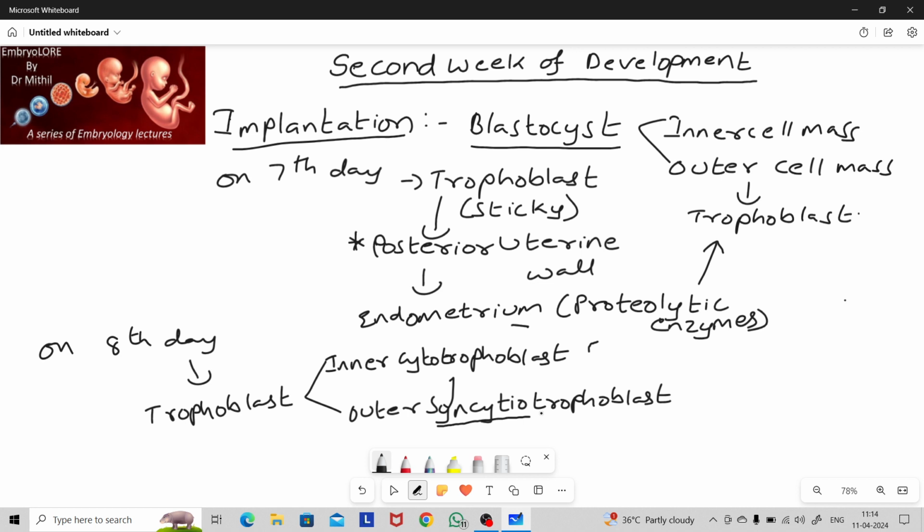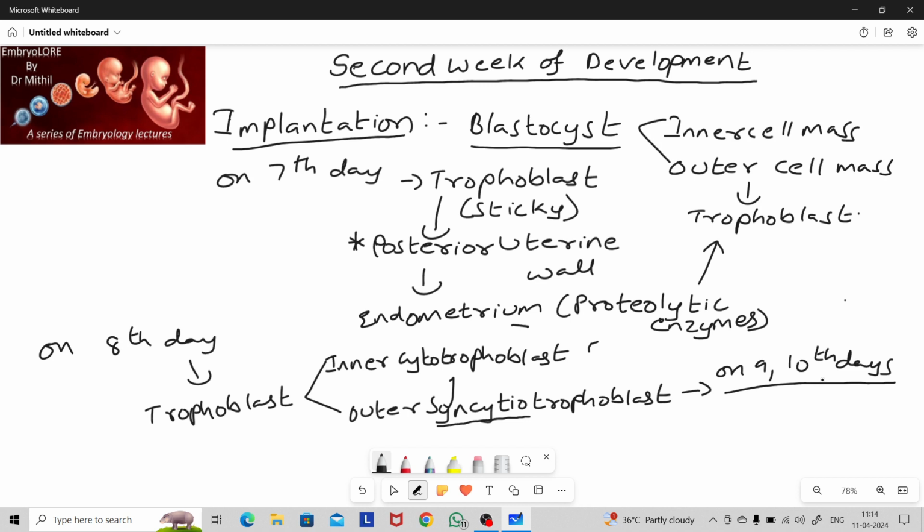Now on the next days, that is on the ninth and the tenth days, the syncytiotrophoblast undergoes mitosis very fast, and in this process its cells lose their adjacent cell membranes.